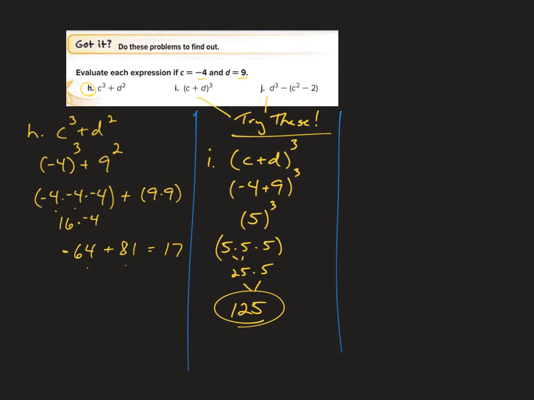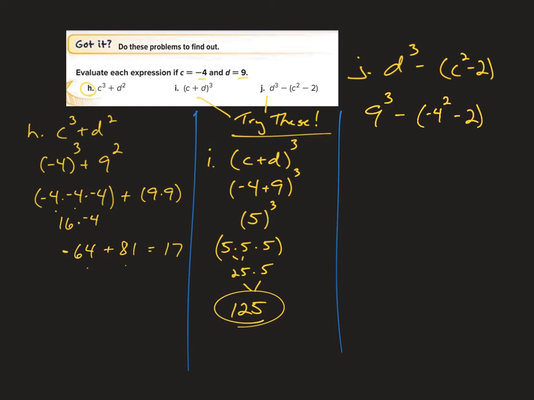So let's take a look at J. So for J, we've got D to the third minus C squared minus 2 in parentheses. So now we do our substitution. We've got D to the third, which would be 9 to the third power, minus C squared, which would be -4 squared, minus 2 in parentheses.